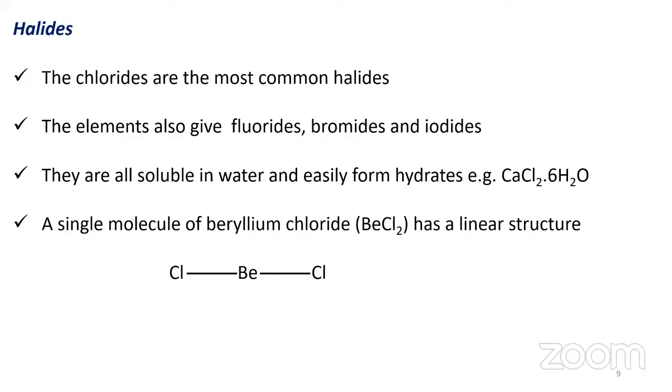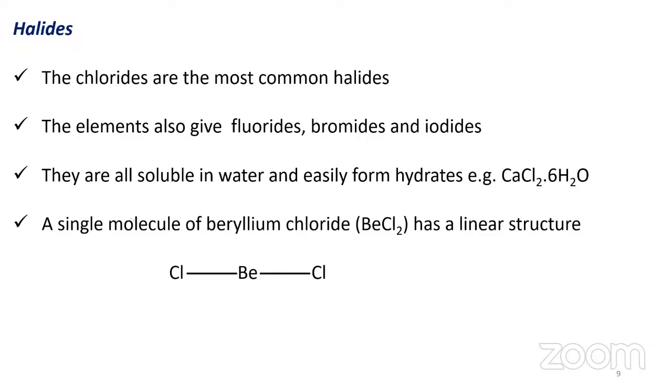Your sodium chloride is polar, your water is polar. So that is why they will be soluble in water. And again, they form hydrates. A good example is your calcium chloride. What it means is that they have water of crystallization. Most of your group 2 elements have water of crystallization.